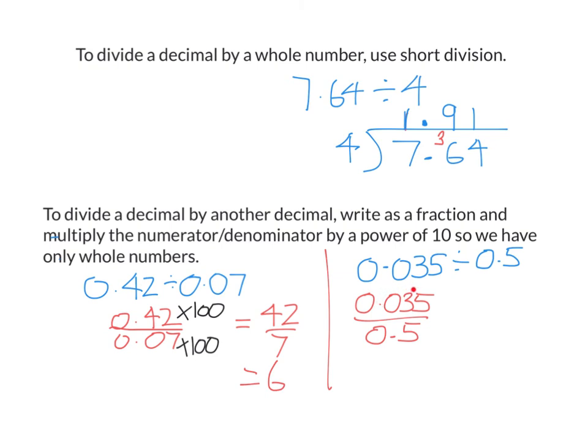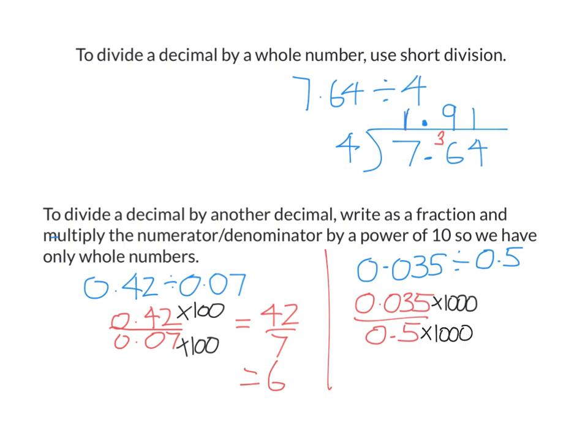If I move the decimal point here, this becomes a whole number, 35. To move the decimal point 3 spots to the right, I need to times by 1,000. So I'm going to times by 1,000 here. And if I times the top by 1,000, I need to times the bottom by 1,000.